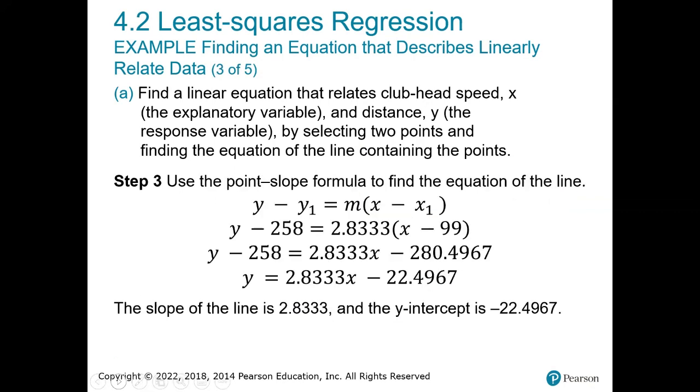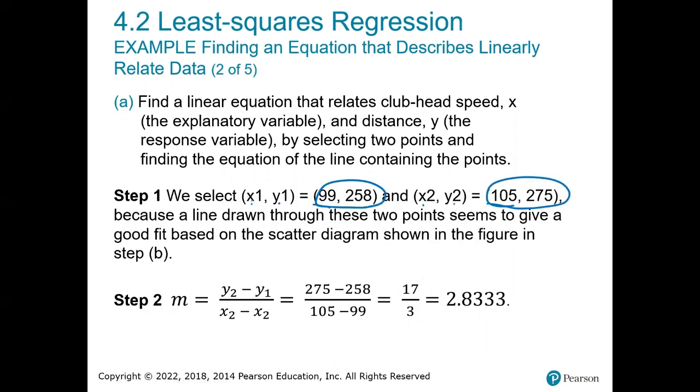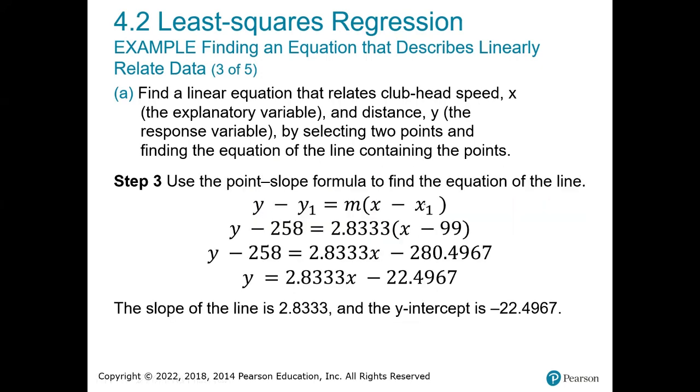Okay. We would then use the point slope formula to work backwards to the equation of our line. So again, this is super duper algebra heavy. We know what y1 is, we know what our slope is, we know what x1 is from back here. So what they do is they plug x1, y1, and slope into the equation and solve it all the way down to what y equals.